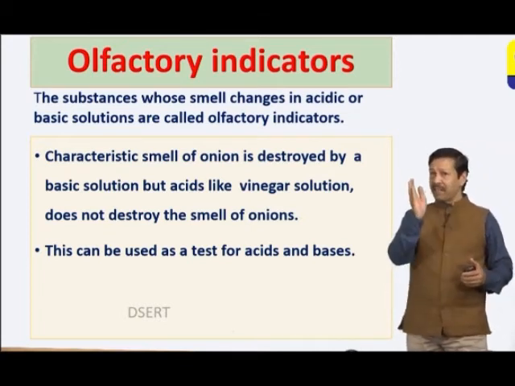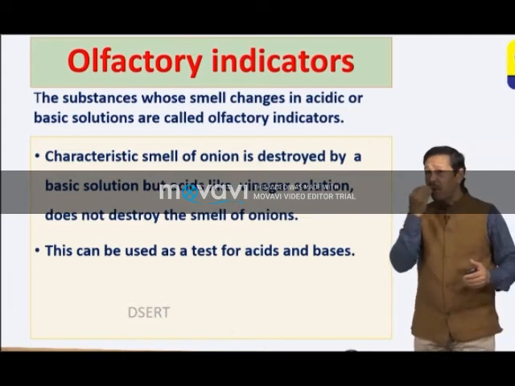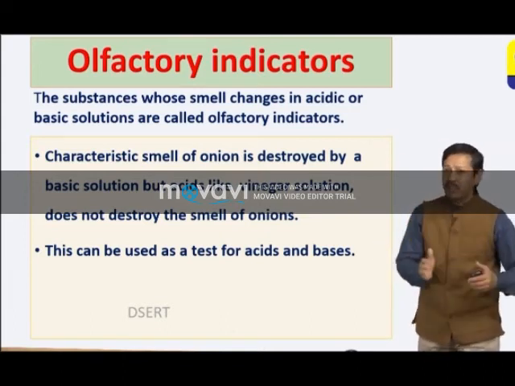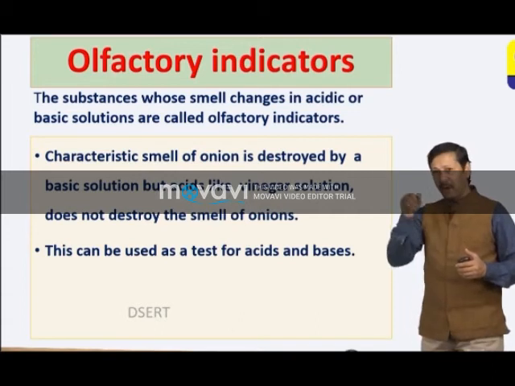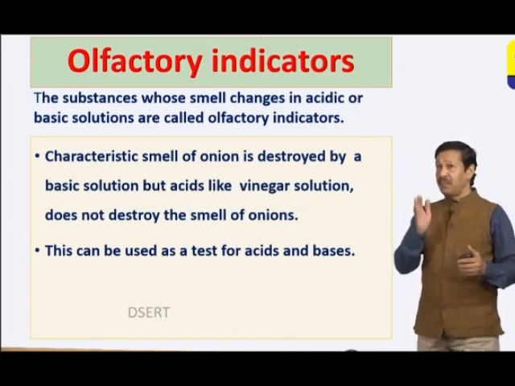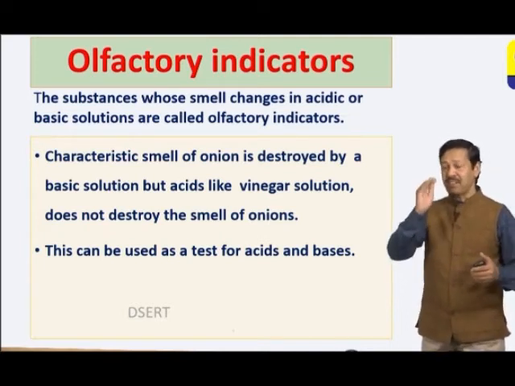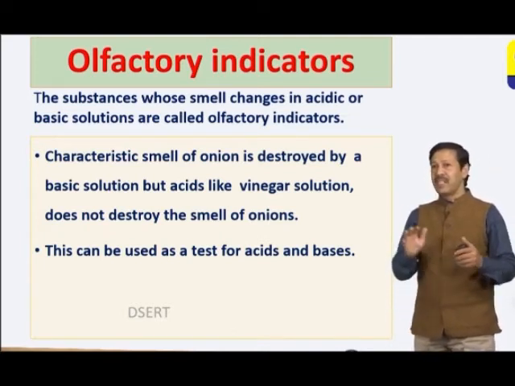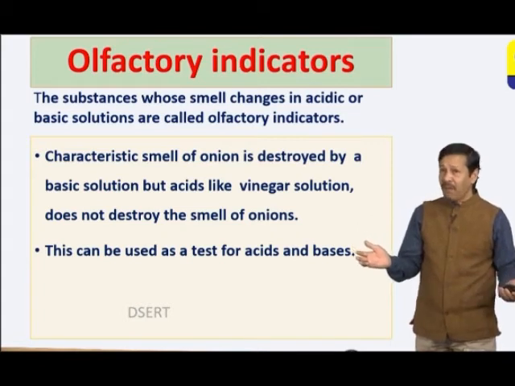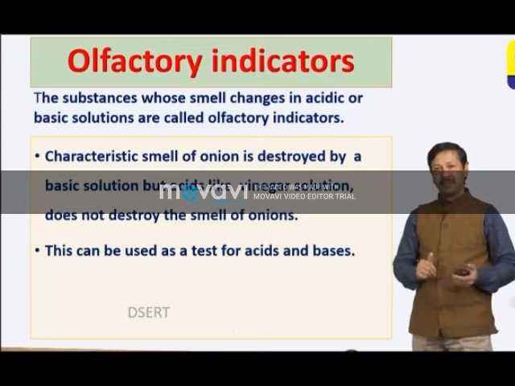Remember your everyday situation, eating gobi manchuri. In the preparation of gobi manchuri, onion and vinegar both are used. Still the smell of onion persists. That means in acidic medium, the smell of the olfactory indicator is retained.